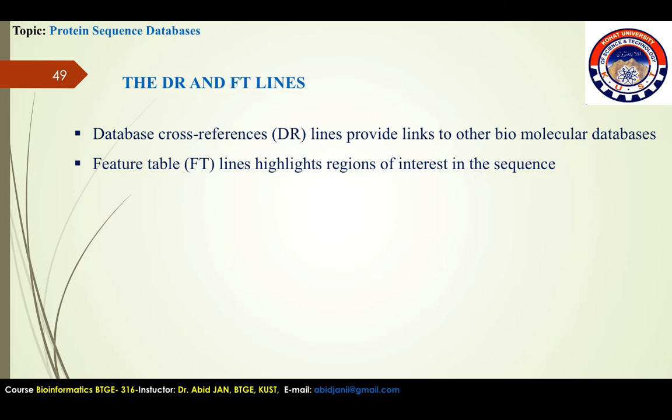After the DR lines are found a number of FT lines which form what is known as a feature table. The feature table highlights regions of interest in the sequence, including local secondary structure, ligand binding sites, and post-translational modifications.